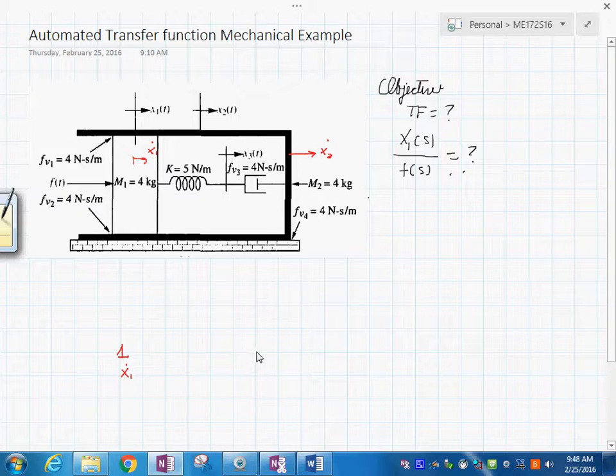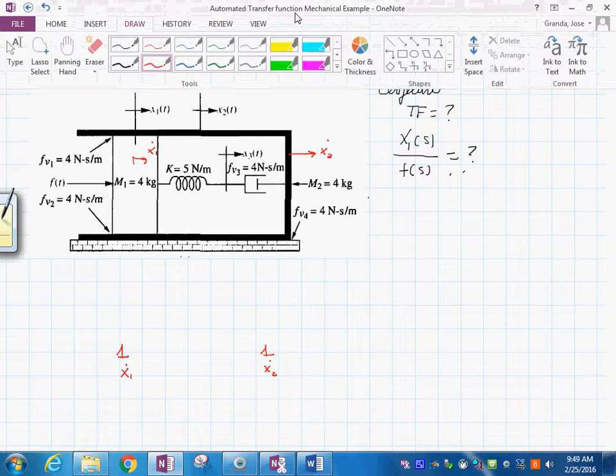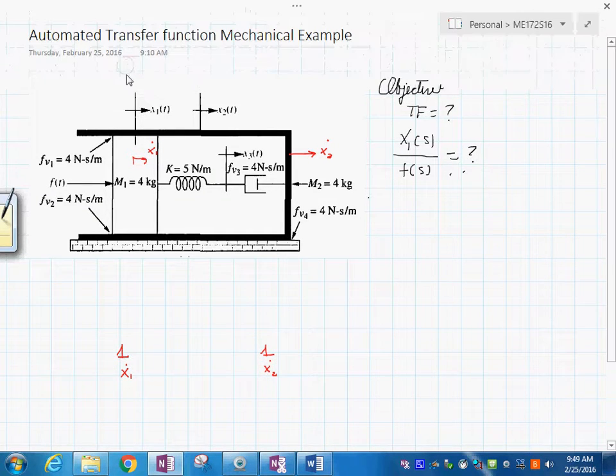Okay. Do you remember what step number 2 is? Step number 2 says write or attach the elements that see those velocities. So this one, obviously, you have the I element with value m sub 1.